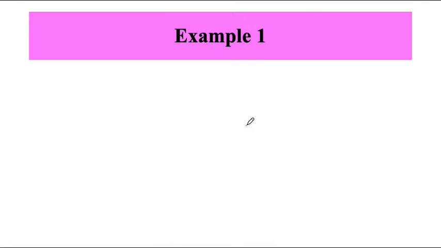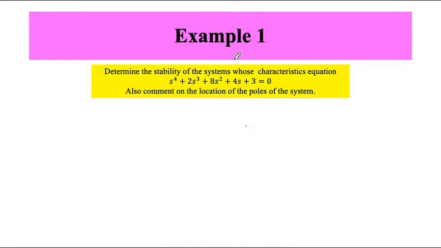To determine the stability of a system whose characteristic equation is s to the power 4 plus s to the power 3 plus 8s square plus 4s plus 3 is equal to 0. Also comment on the location of roots of the system. So this is our characteristic equation.